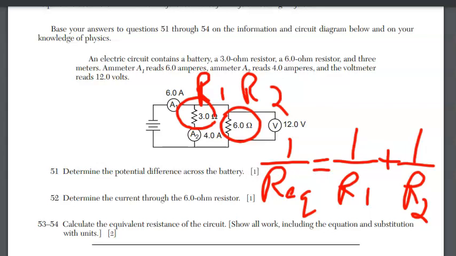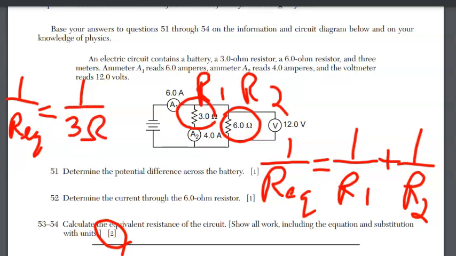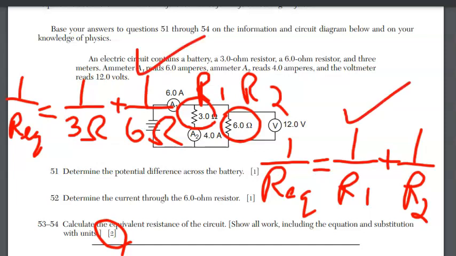Remember, plug in your numbers with your units directly into the equation as it's written on the reference table first, so at least you're going to get one of the 2 points. So 1 over Req is equal to 1 over 3 ohms plus 1 over 6 ohms. Oh no, now we're dealing with fractions. Yeah, we are, but guess what? You have a calculator. So we're going to keep it. This is what you need to get the 1 point.